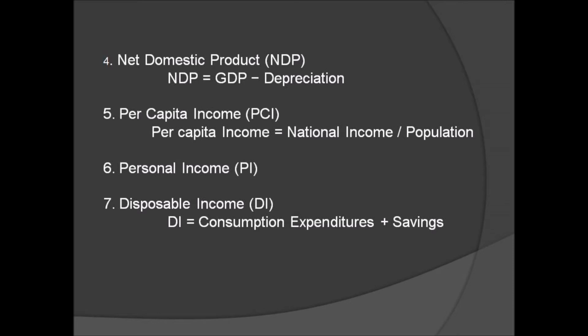This per capita income is calculated by dividing the national income by the population of a country. That is, per capita income for a nation is calculated by dividing the country's national income by its population.